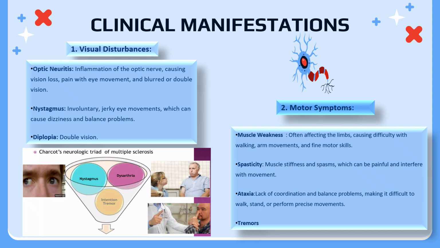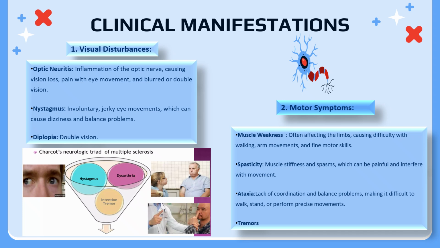And there are tremors. Very important for you to know, whether it is GNM, BSc, or MSc, the most important part I want to highlight is Charcot's triad.